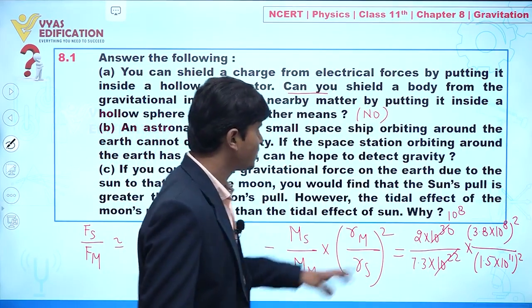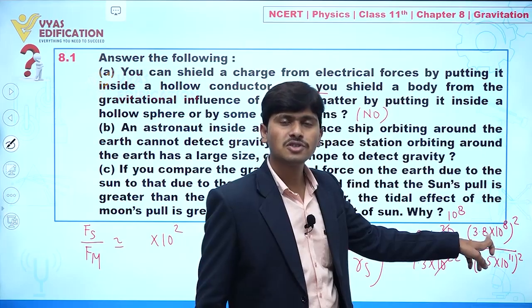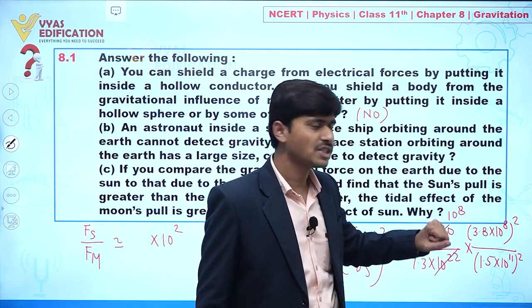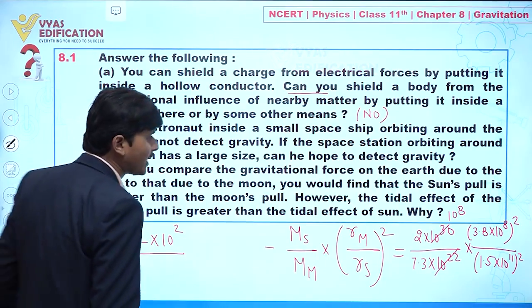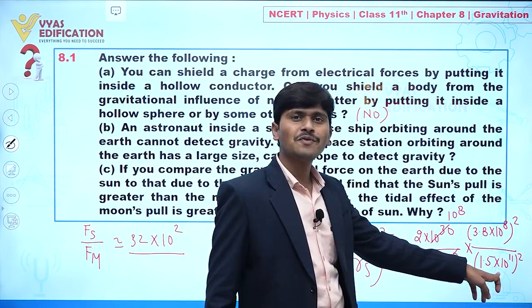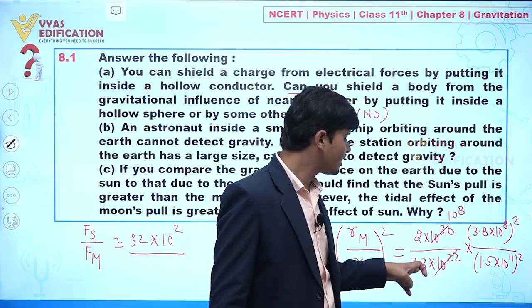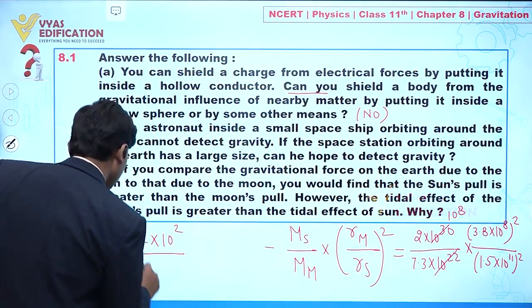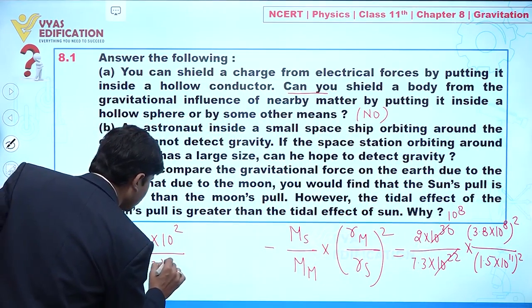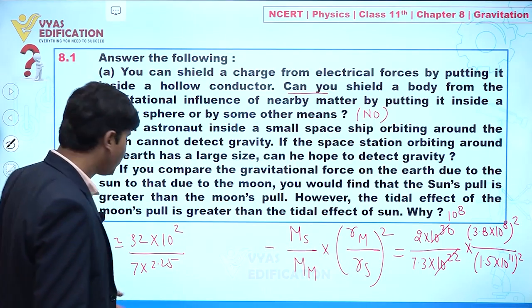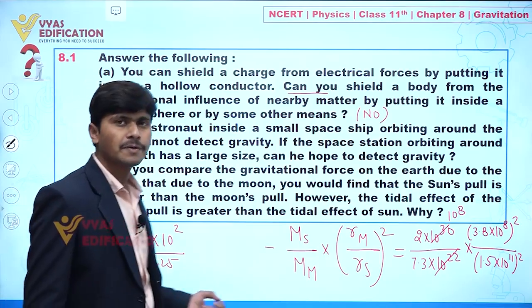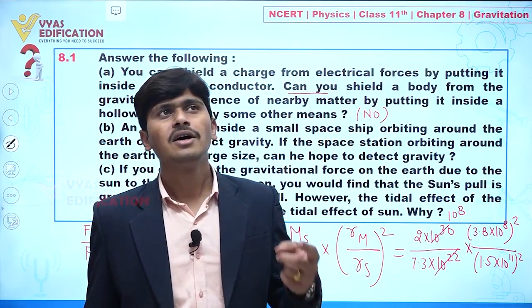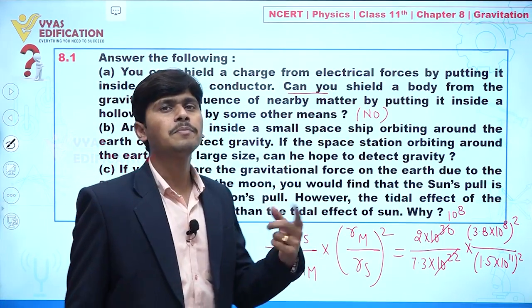Now we can also write like this. Let's suppose this is 2 multiplied, and let's suppose this is 4. So 4 multiplied by 4 is 16, 16 multiplied by 2 is 32, divided by 1.5 squared, so 2.25, and it is multiplied by, let's suppose, 7. So 7 multiplied by 2.25. Clear? From here you can calculate: this is 1/4 of 7, 1/4 of 7 is 1.75.